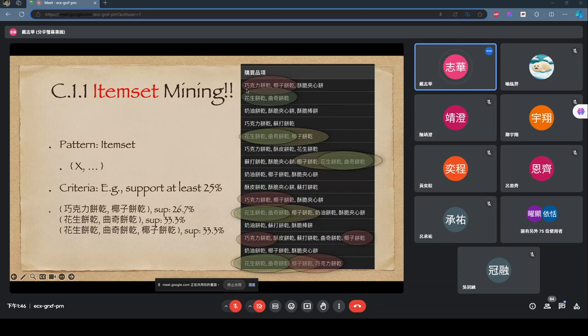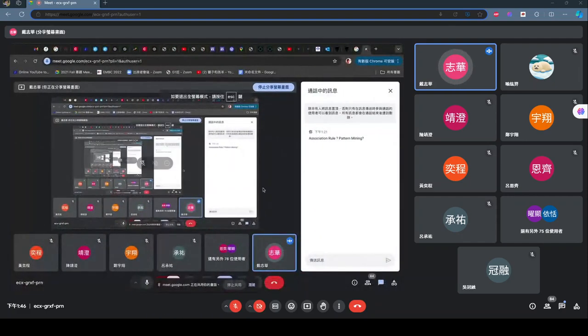For example, chocolate cookies and coconut cookies. Chocolate and the coconut. Did you guys see where I point?